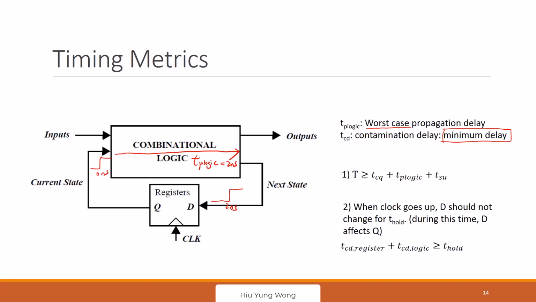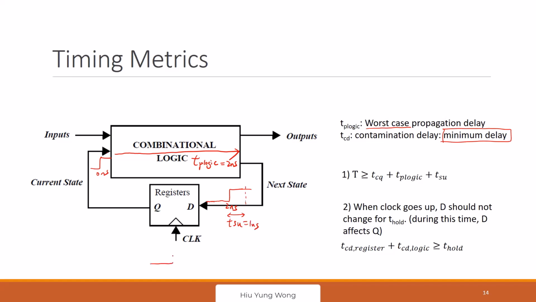Now the clock comes in, but before the clock comes in, I need to have a setup, T setup. I need to make it stable before the clock can come in. So let's say T setup is 1 nanosecond.